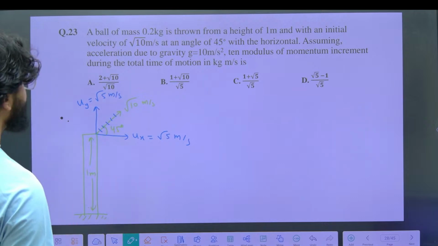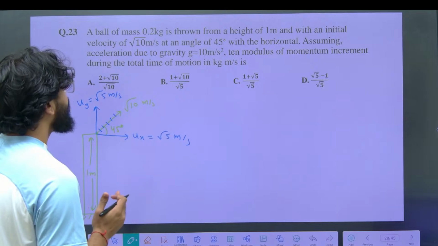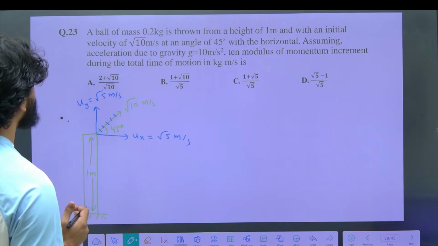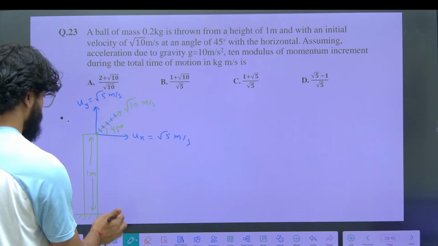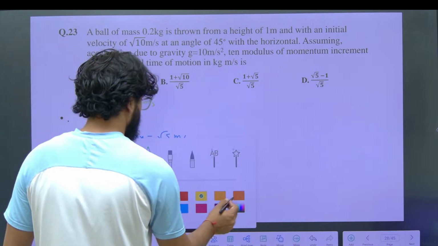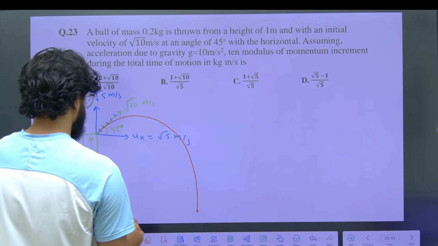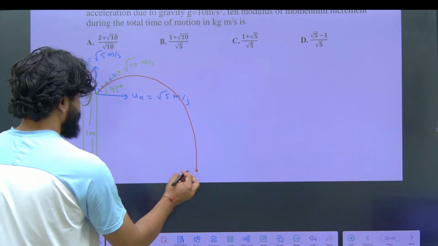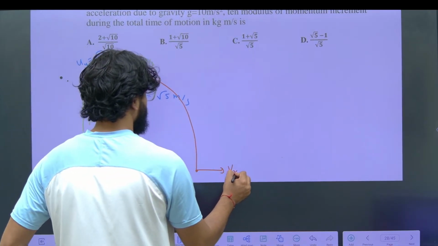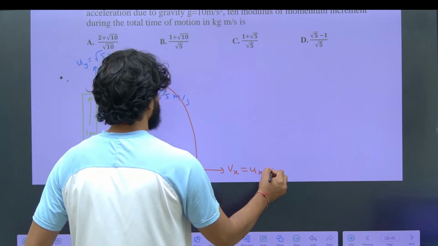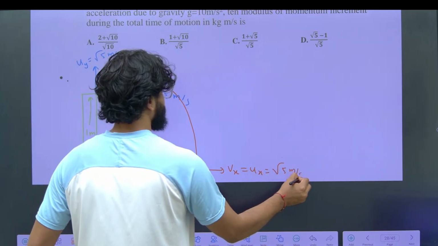Assuming g as 10, then the modulus of the momentum increment during the total time of motion. Okay. So let's assume the motion is somewhat like this. Vx will remain the same as ux, which is root 5 meter per second.